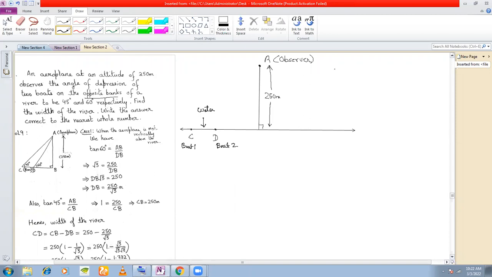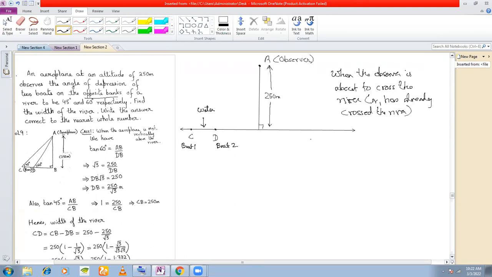So when the observer is about to cross the river or has already crossed the river, this is one possibility, right?